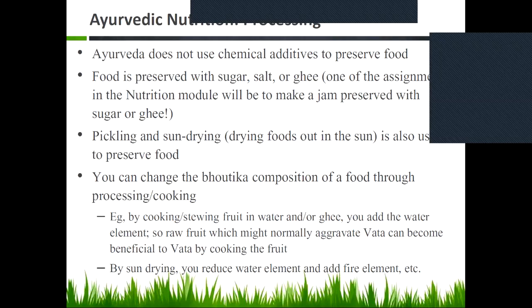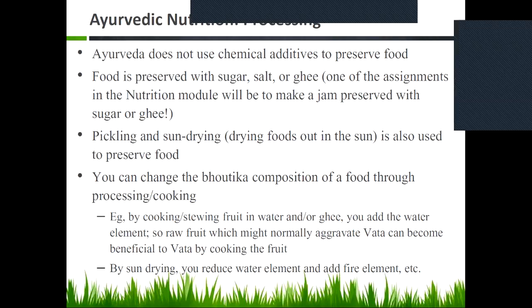Ayurveda does not use chemical additives to preserve food. We prefer sugar, salt, ghee, and we prefer pickling and sun drying. Why? Because of the Mahabhautik composition: by processing and cooking, the element changes. For example, if you drink water, water is considered heavy because it's water element.